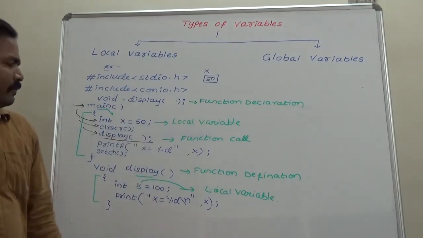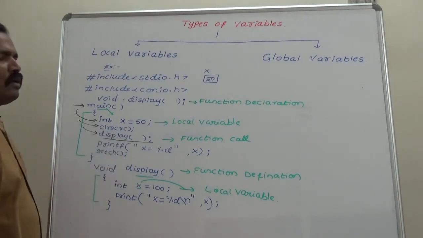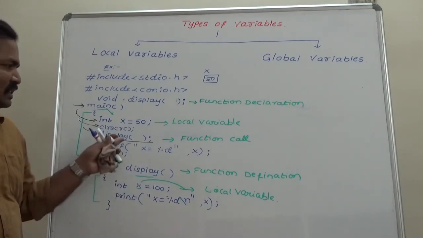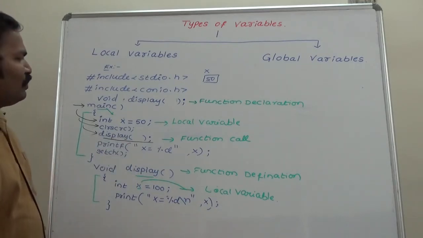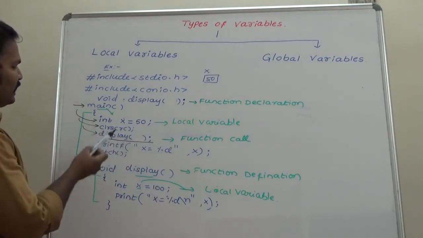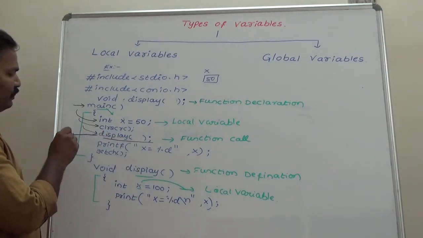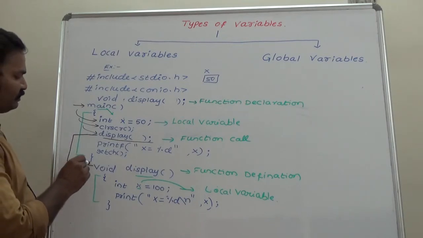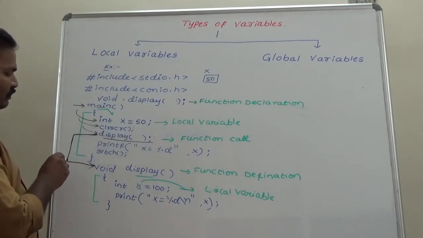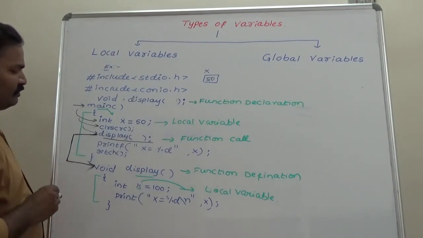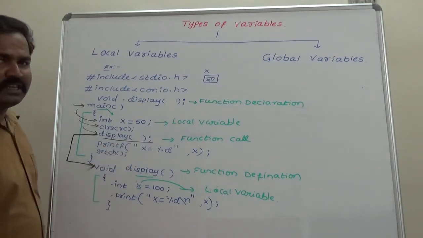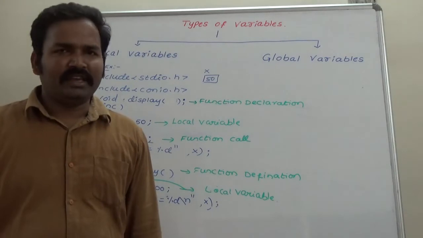As I already said, whenever execution control encounters a function call statement, execution control is directly transferred to the function definition, and all the statements in that function definition will be executed.